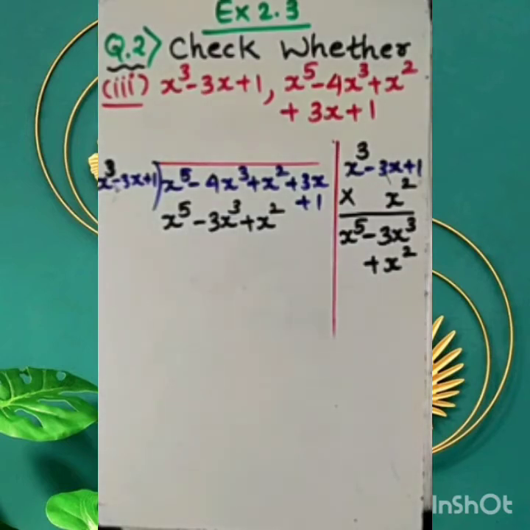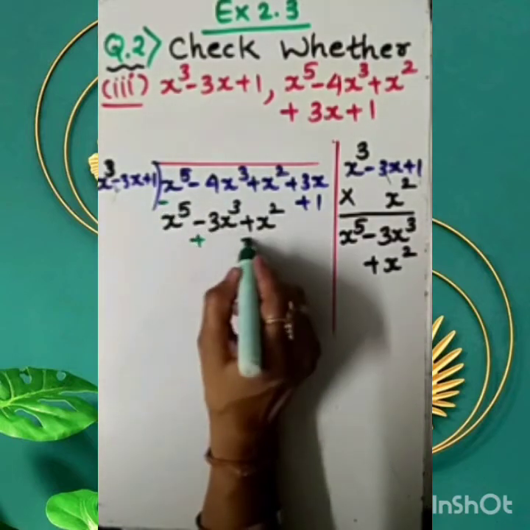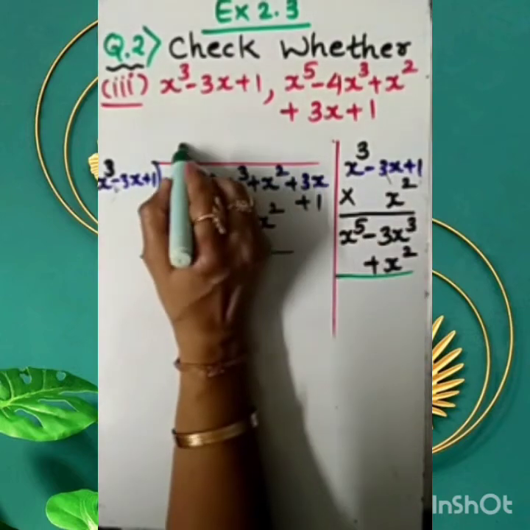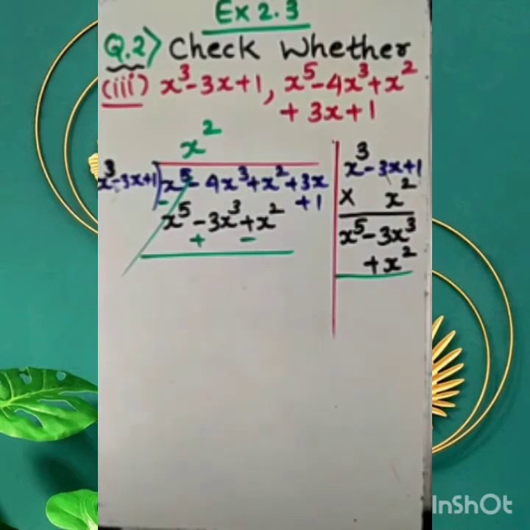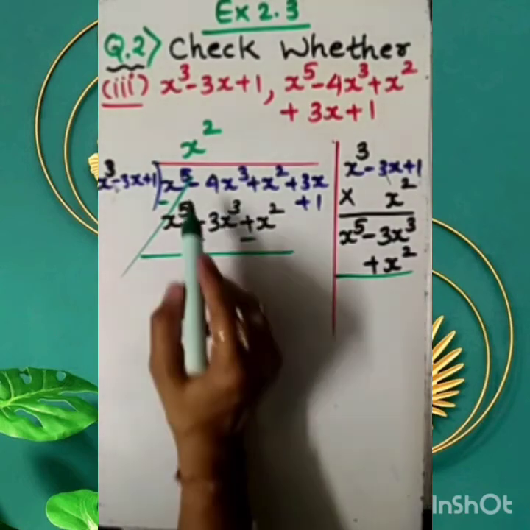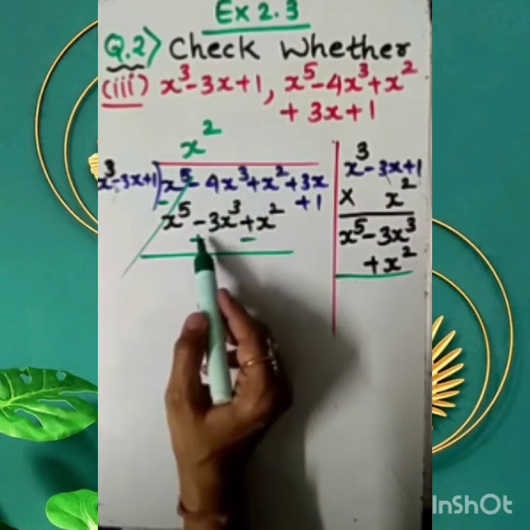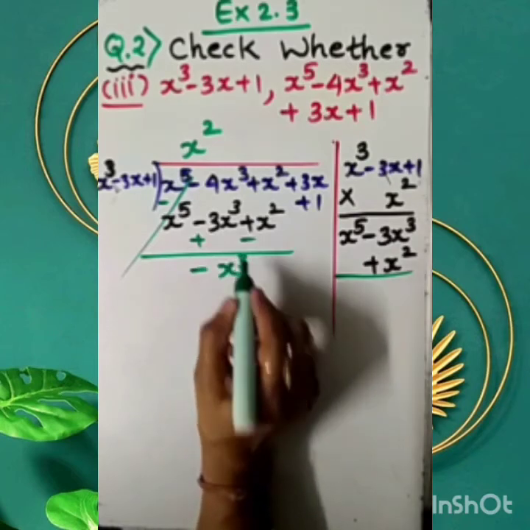Okay. Now as usual we need to change the sign. So we are changing the sign here. And of course I have multiplied it with x square, so I need to mention it in the quotient. Now minus x to the power 5 with plus x to the power 5 cancel. Minus 4 plus 3 gives the result minus x cube.